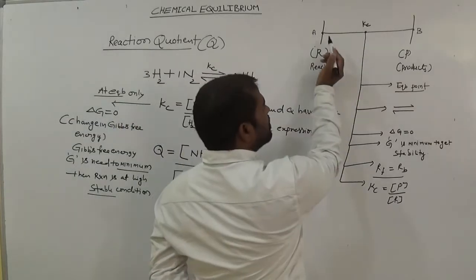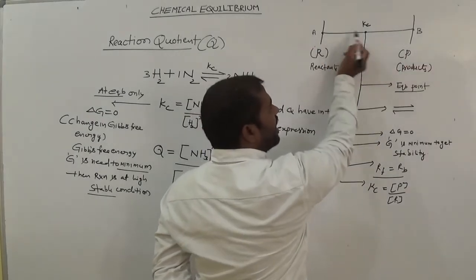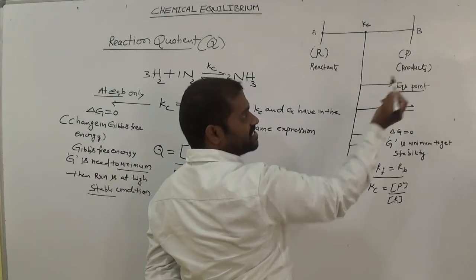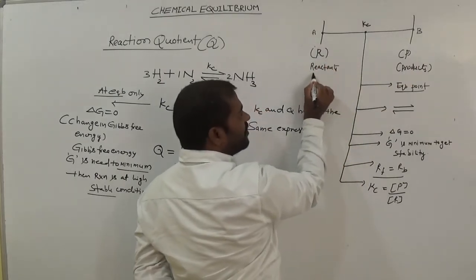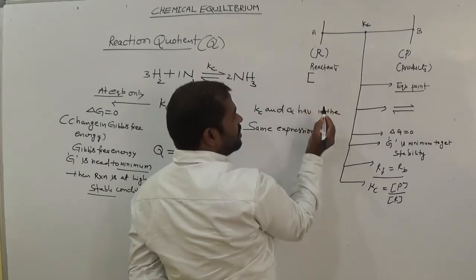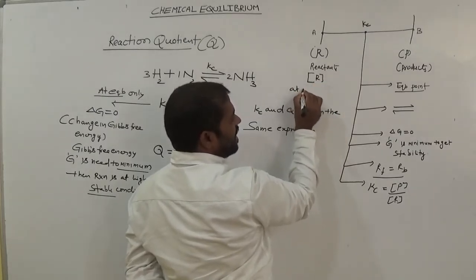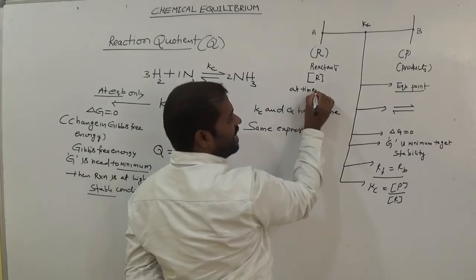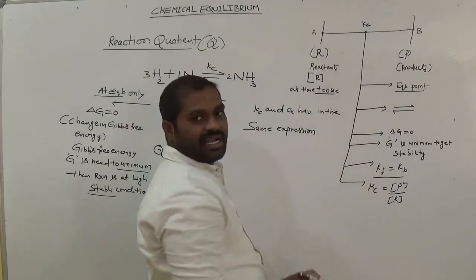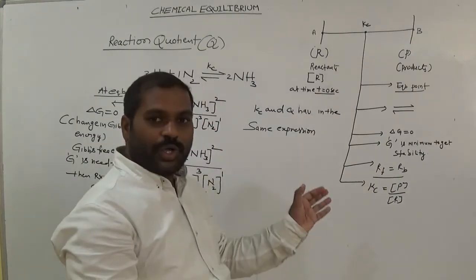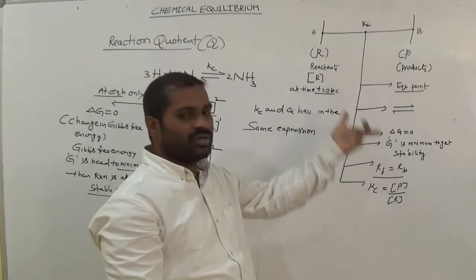So now these are the reactants. The reaction proceeds in the forward direction, suppose. Now the concentration of reactants at time t equals 0 seconds. The reaction is going to start at time t equals 0 seconds.